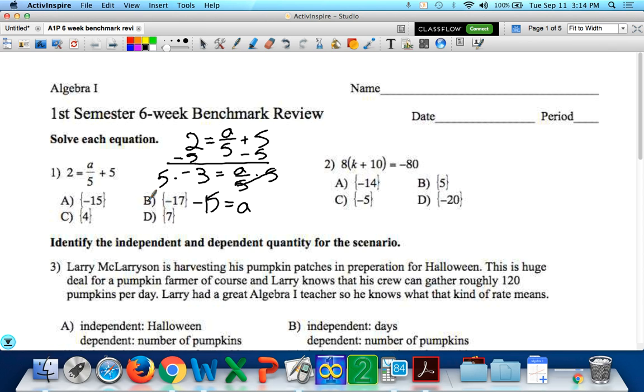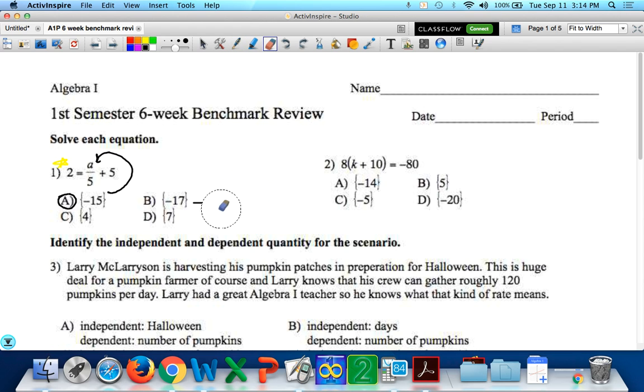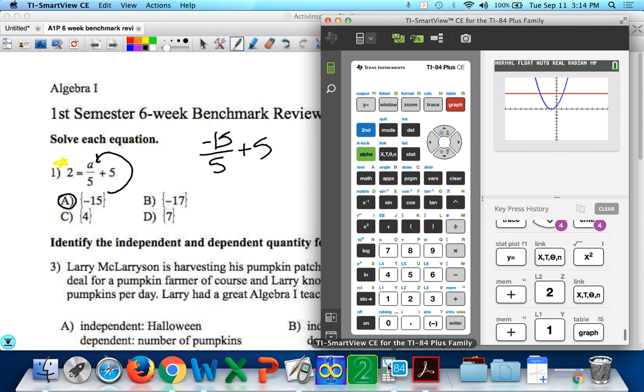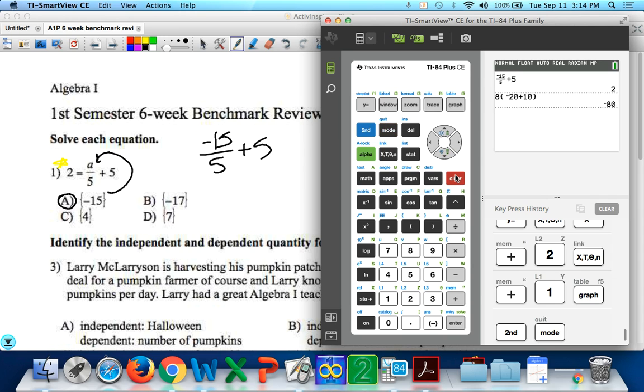There's only 4 choices. So you can start taking them, and this time it just so happens that A is the first one. You can just take the answers and plug them in for A until you get one that equals 2. So what I mean by that is if we take -15 and plug it in for A, like so, okay, so that's the same exact right side of the equation, but with -15 plugged in.